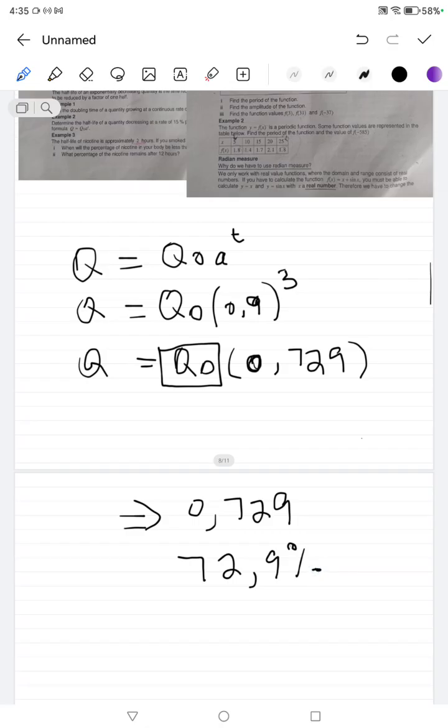This is the only amount that's going to be in the bloodstream after your 3 hours. So that's the conclusion that you're going to make. You will say something like: the multiple of your initial quantity, your Q0, that remains after 3 hours is 0.729, or you can say it's 72.9 or 73%.